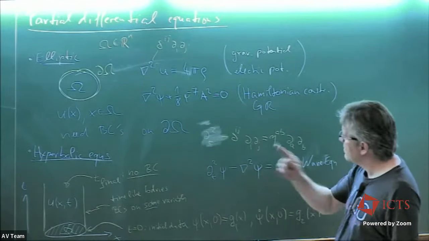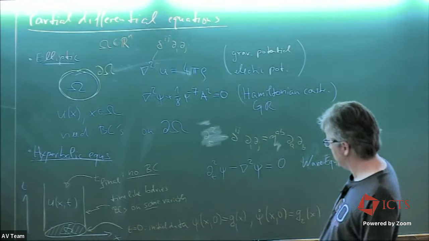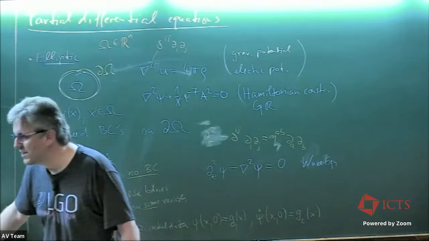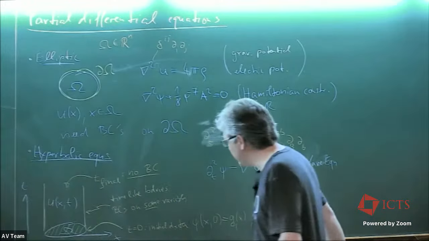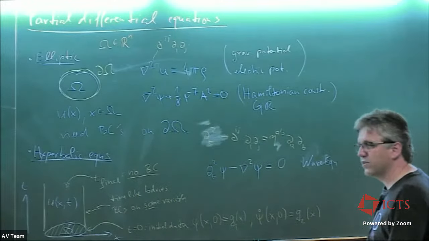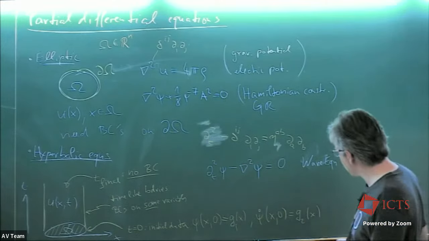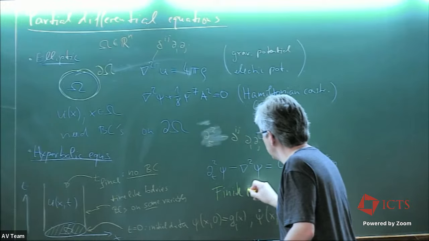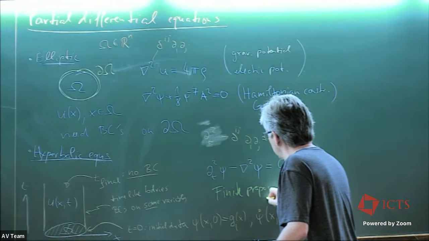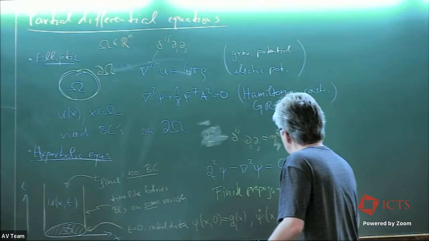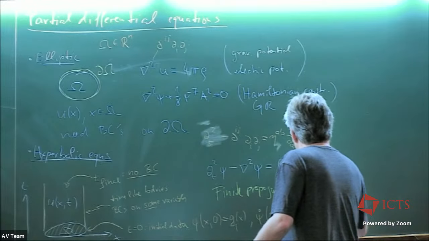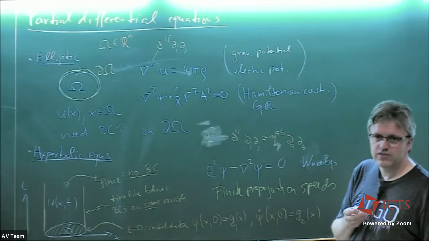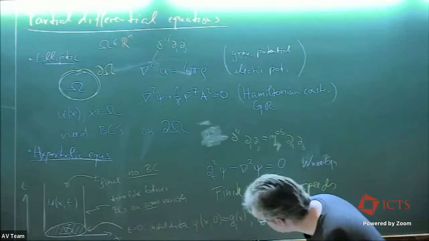Another point about hyperbolic equations is that they have finite propagation speeds. So any information is only traveling with a finite speed. And with the finite propagation speed comes the concept of domain of dependence.